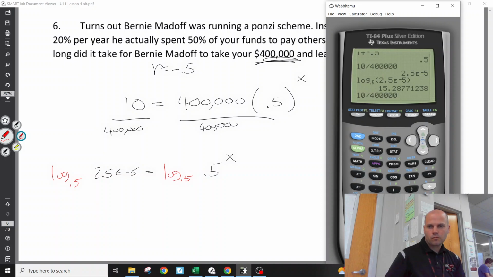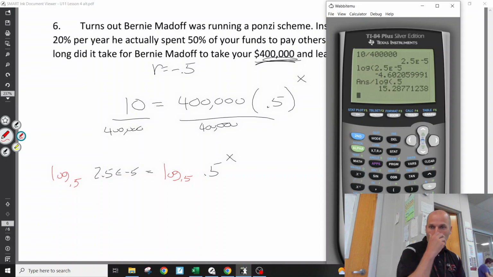Take the log of that number divided by the log of 0.5. Okay, 15.28 years, and you have $10 left. Sorry about you, bud. Hope you didn't invest in Bernie Madoff.